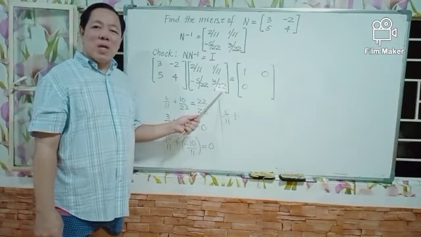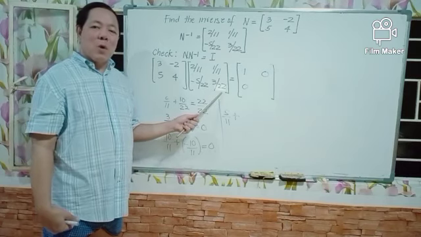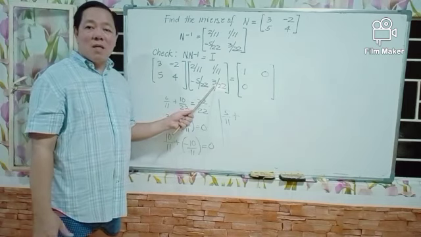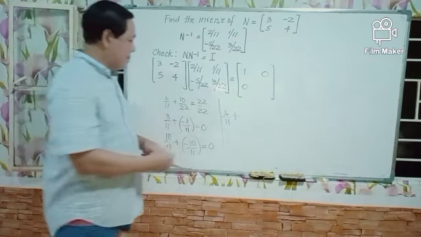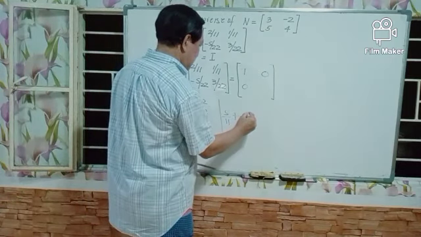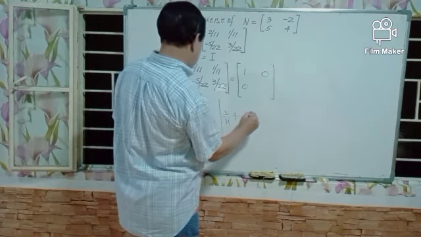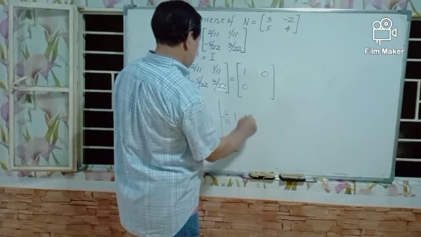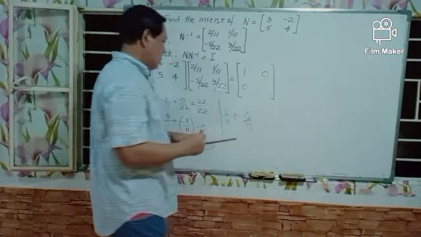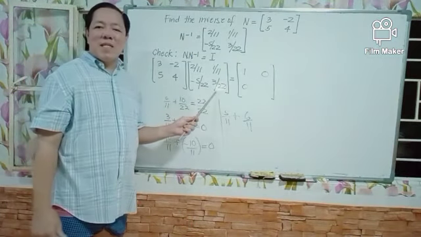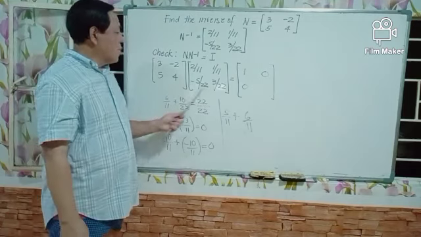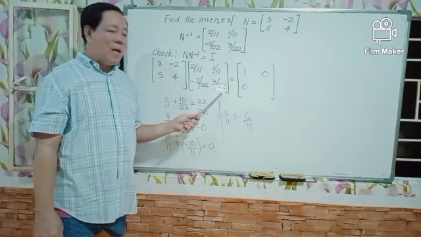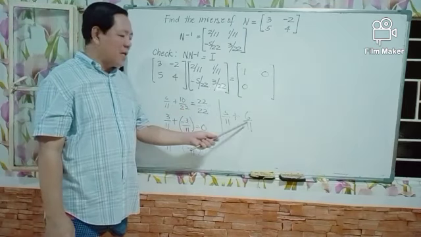But 4 over 22 can be reduced to lowest terms, that's 2 over 11. 2 over 11 multiplied by 3 is 6 over 11.